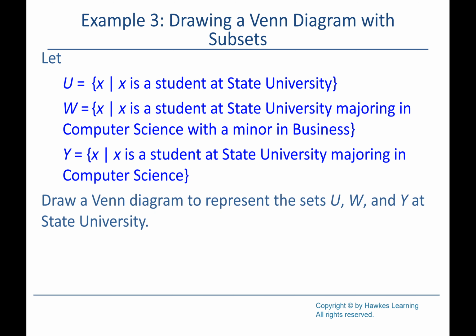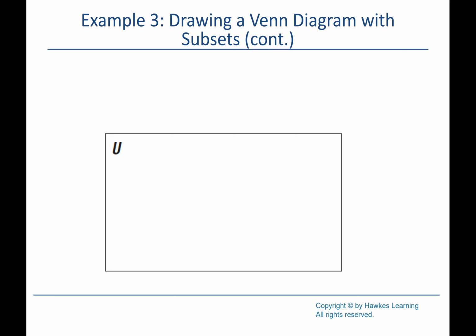So when we draw our Venn diagram, it will start off with our rectangle for our universal set. And then usually it helps to draw the bigger set. So our bigger set here was Y, the set of all the computer science majors. There's Y. And then where's W going to be?